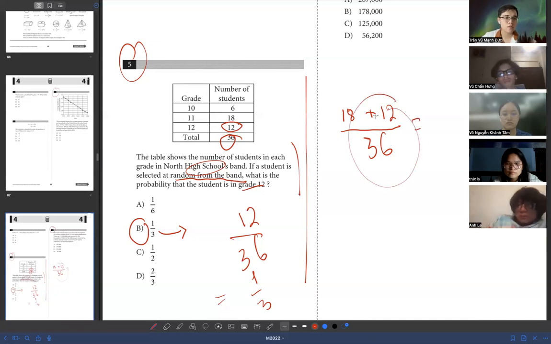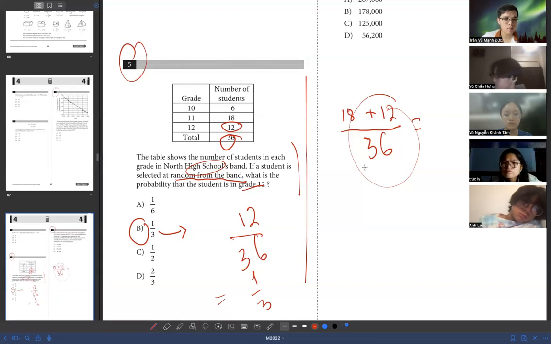And how about if I select at random a student from grade 11 and below, how many of them are in grade 10?